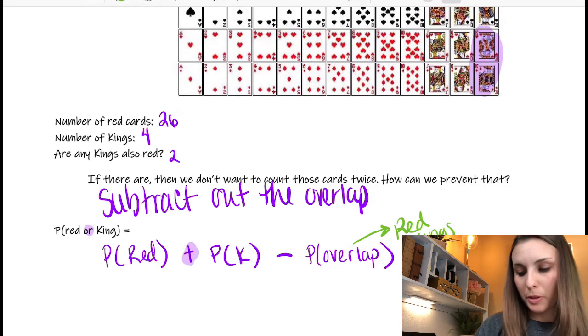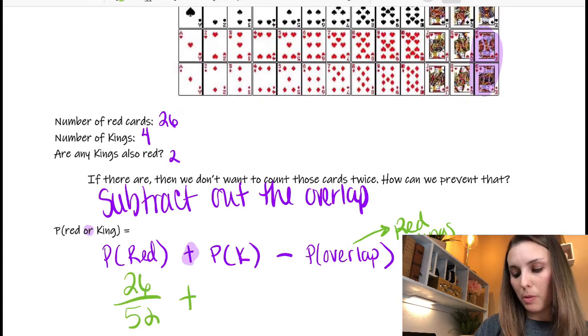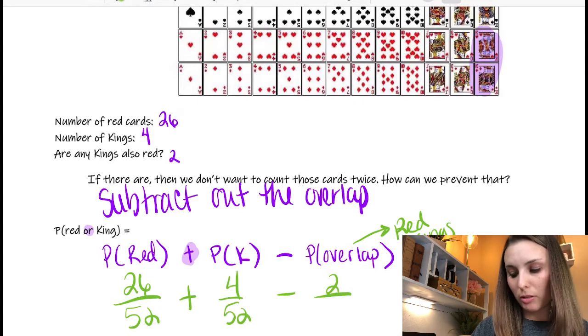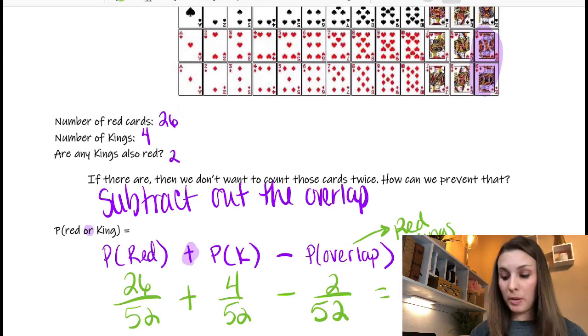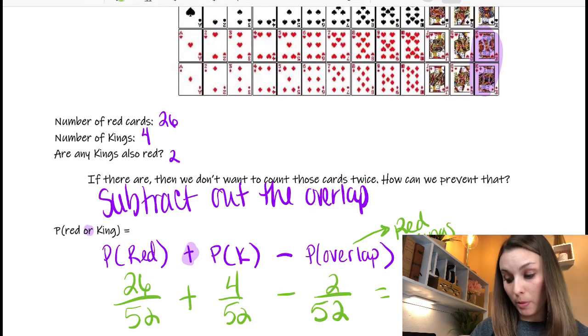Okay, probability of red cards, that's 26 out of 52. Probability of a king, that's 4 out of 52. Subtract out the overlap. And since we have like denominators, we don't have to find a common denominator. So we leave the denominator the same, and then we do 26 plus 4 is 30, minus 2 is 28.